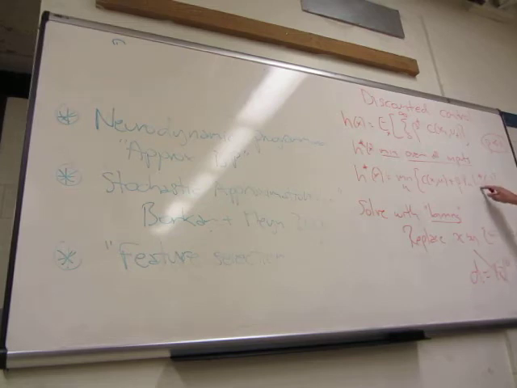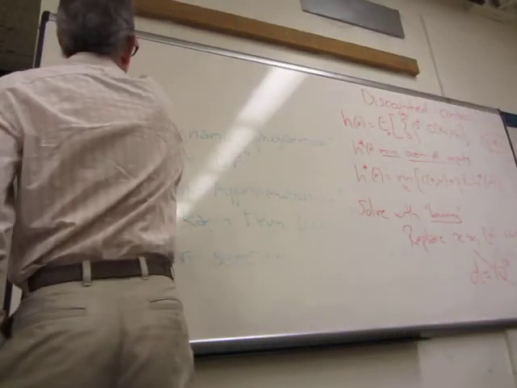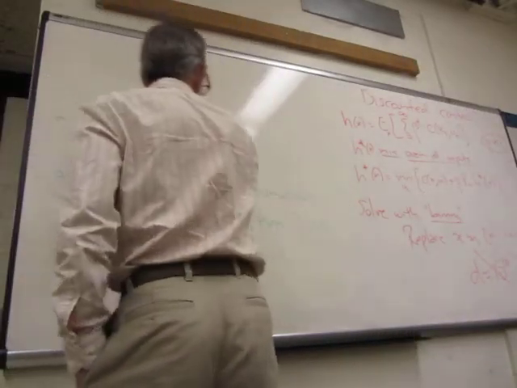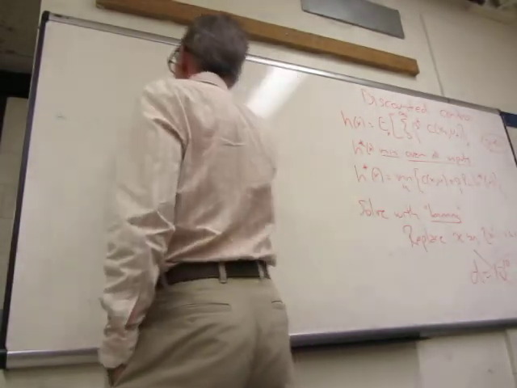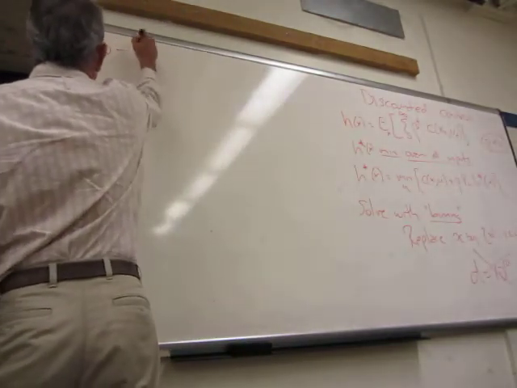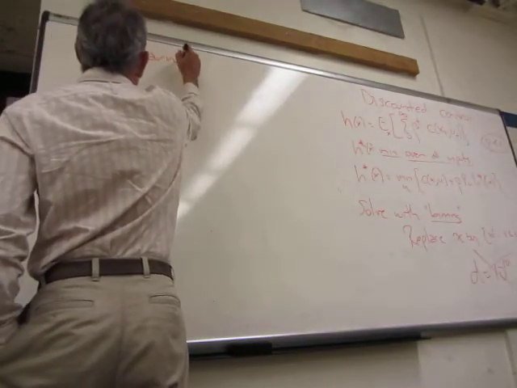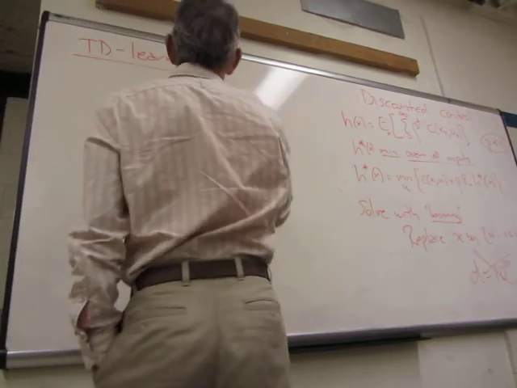It's much more reasonable to parameterize the function you're trying to solve. So in TD learning, you have a basis.